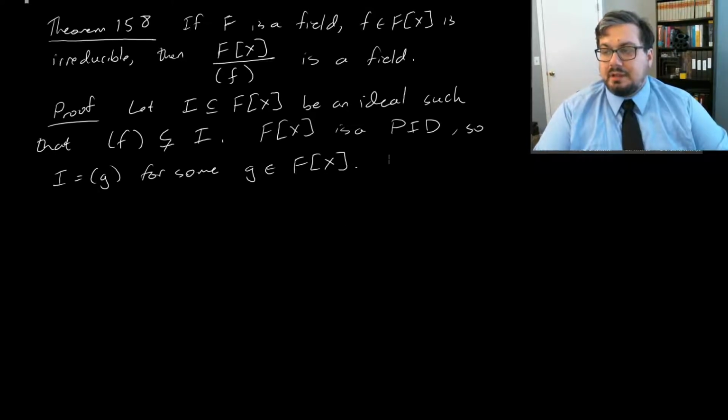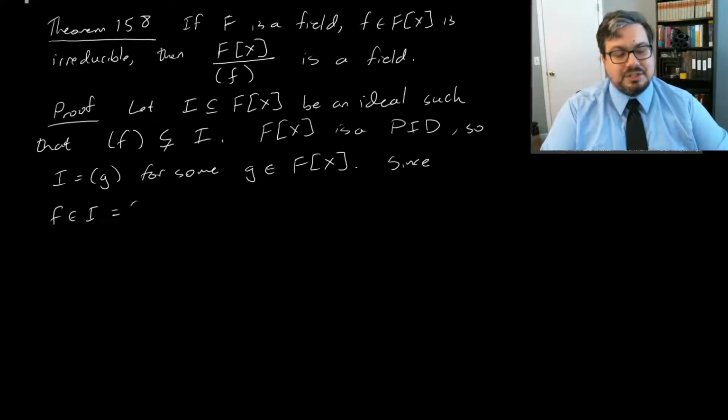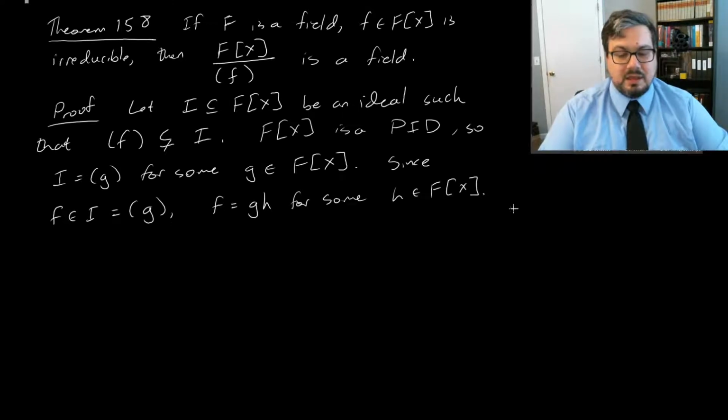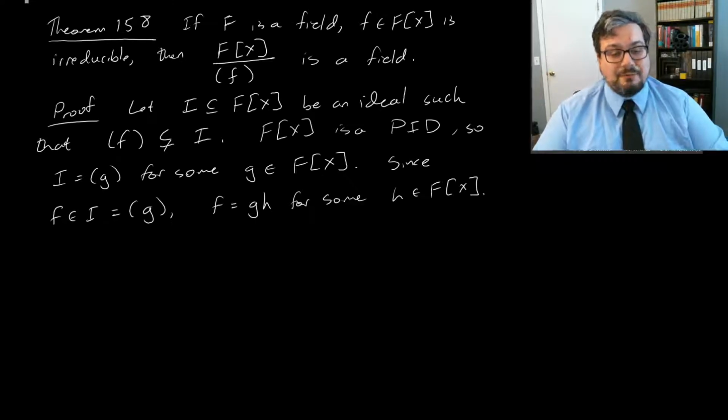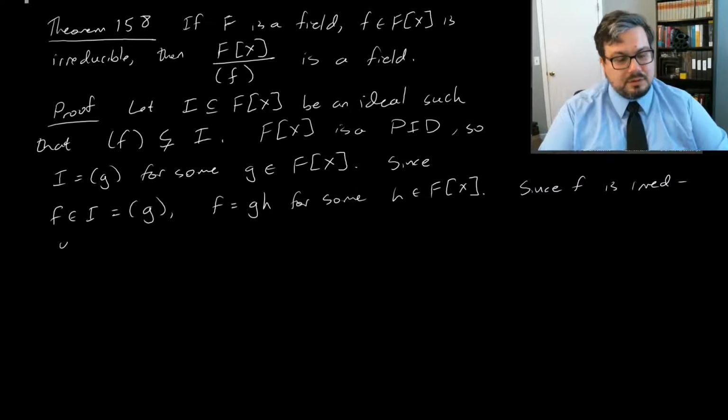Now, since f is contained in I, which is the ideal generated by g, we have that f is equal to g times h for some h in F adjoin x. Now, we have assumed that f is irreducible, which means that anytime we write it as a product of two things, one of those two things has to be a unit. So since f is irreducible, g or h is a unit.